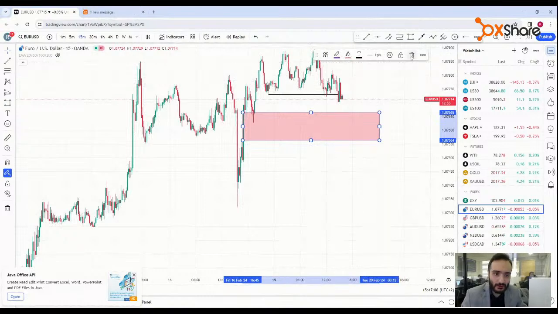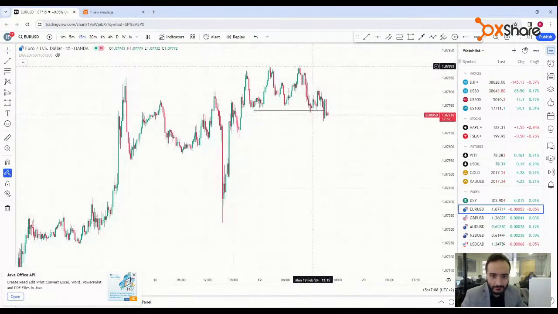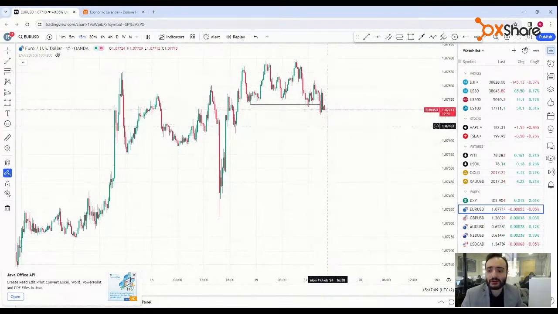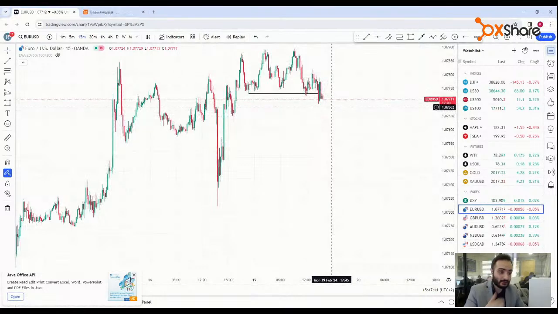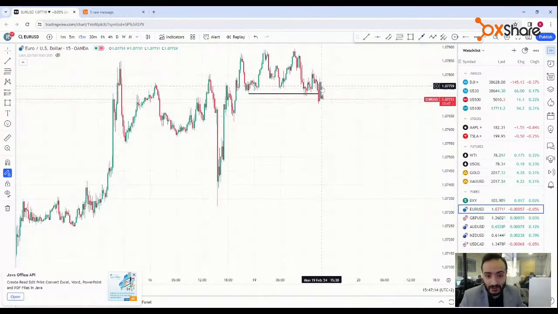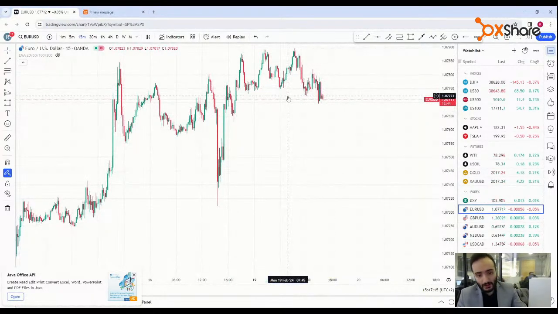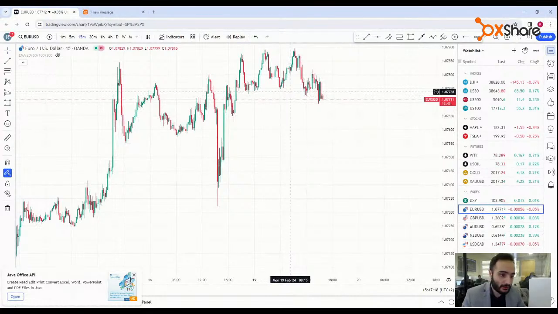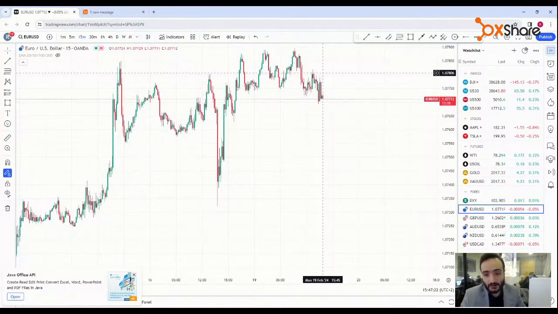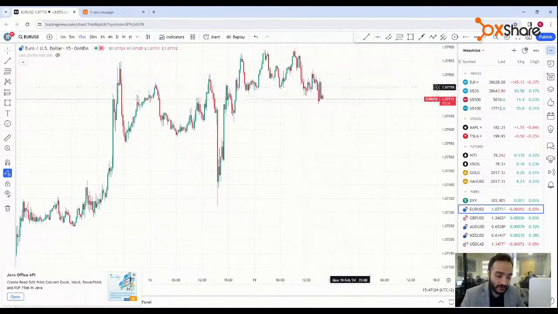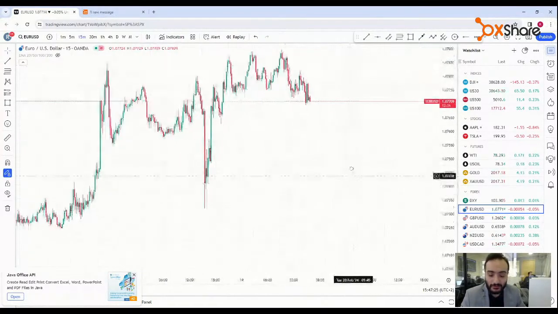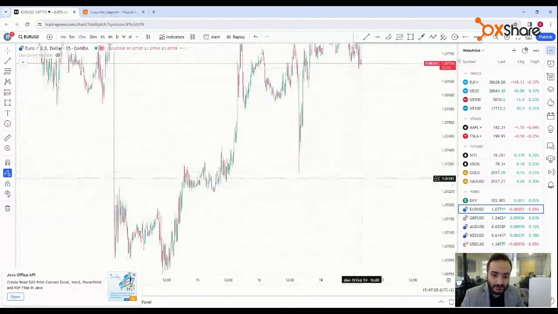We formed a triple top pattern over here, and now we are pushing to the downside. So it all depends on the economic data coming out this week. If the data is perceived as positive for the DXY by traders and investors, we can see gold plummeting back to these levels down here.